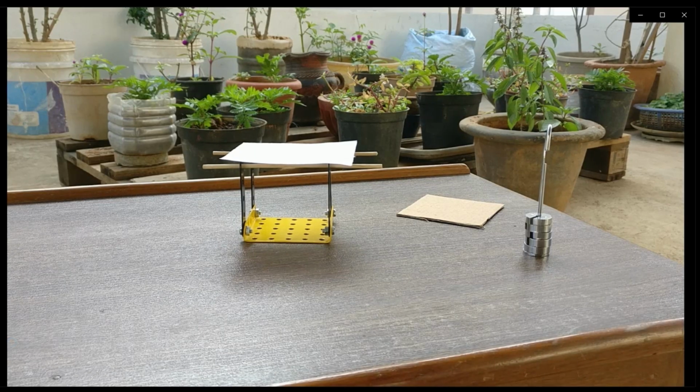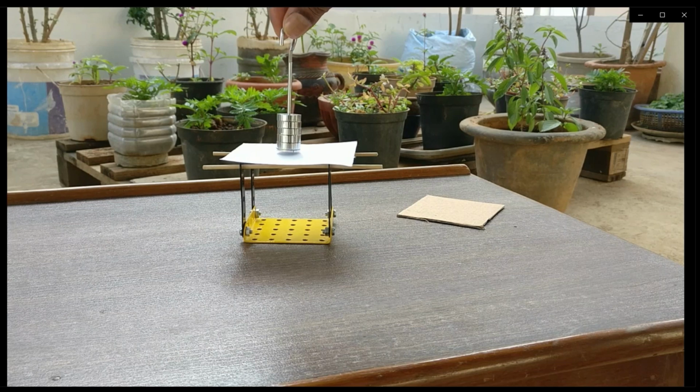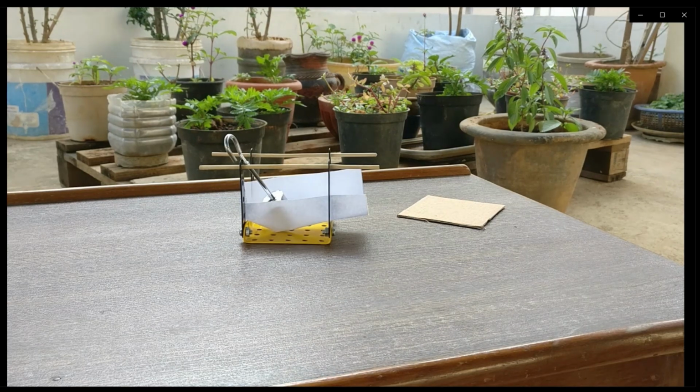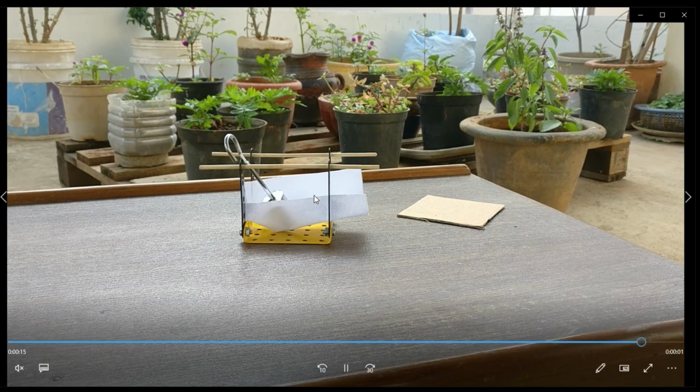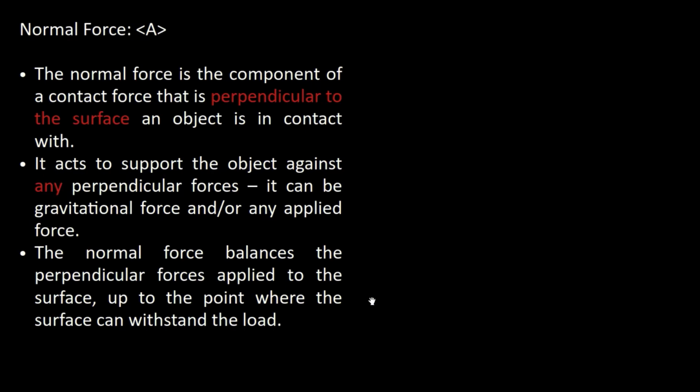For example, over here, the same setup, the same weight, same mass. But in this case, the normal force is not able to withstand. Can you see that? It was not able to withstand. It was a simple sheet of paper. I kept it on it. So normal force will provide the support up to a point it can withstand.